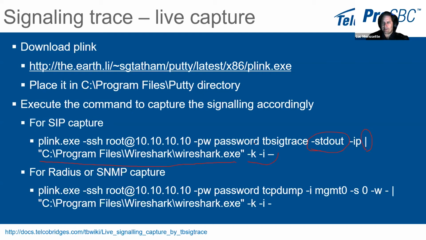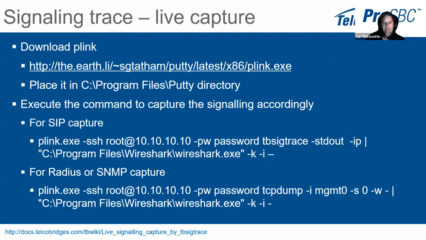And then you pass some parameters to Wireshark: -k, -i, and dash. Okay? So once you run this, immediately Wireshark pops up and you get traffic coming into Wireshark, and you can see the live calls of the system.